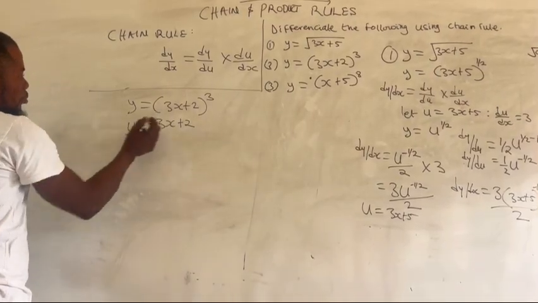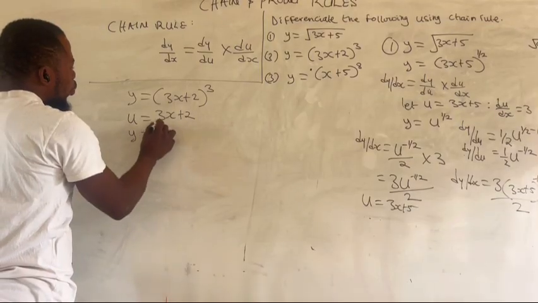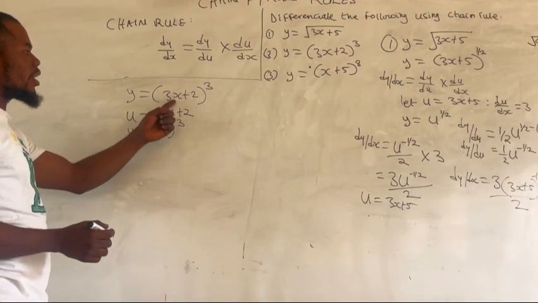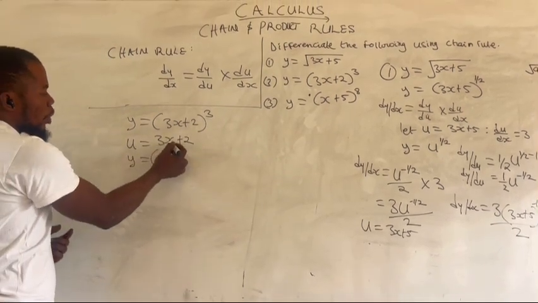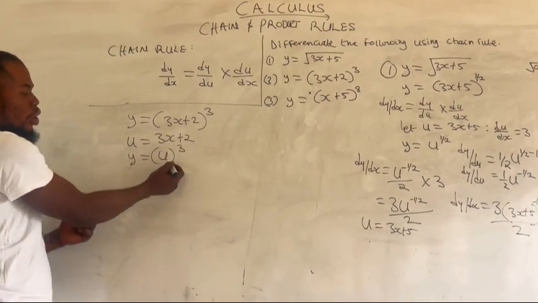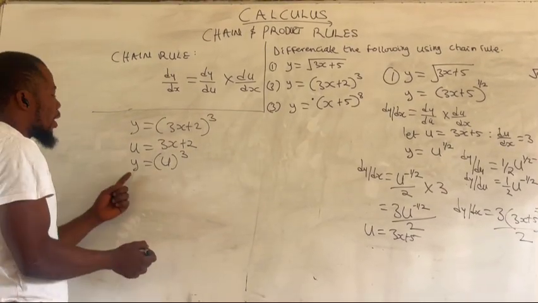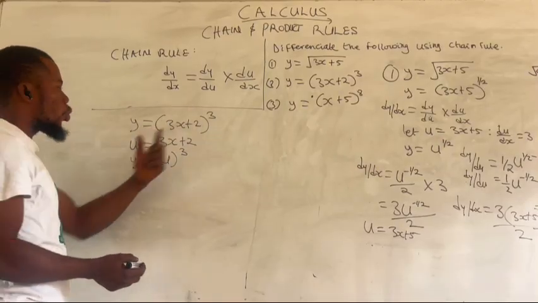So we'll now have y equals u raised to the power of 3, since we said our u is the same thing as 3x plus 2. From here, you will differentiate u with respect to x, and you differentiate y with respect to u, so that we'll have du dx as well as dy du. That we will substitute in the formula of the chain rule.